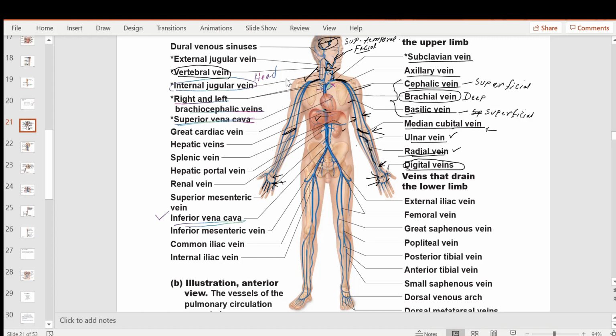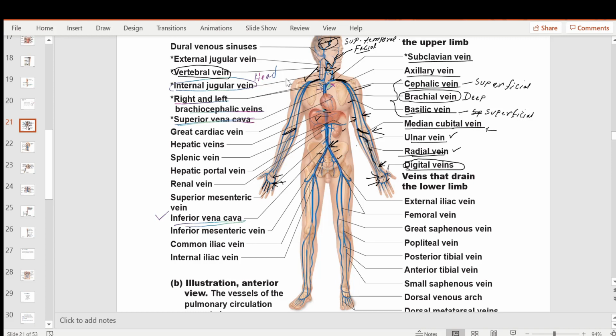As well as, you remember I said that mesenteric indicates the intestine, so mesenteric veins bring the blood from the intestine. Okay, and here you see the lower end of the inferior vena cava. It divides into two common iliac veins, and then common iliac divides into two, receives blood from two.